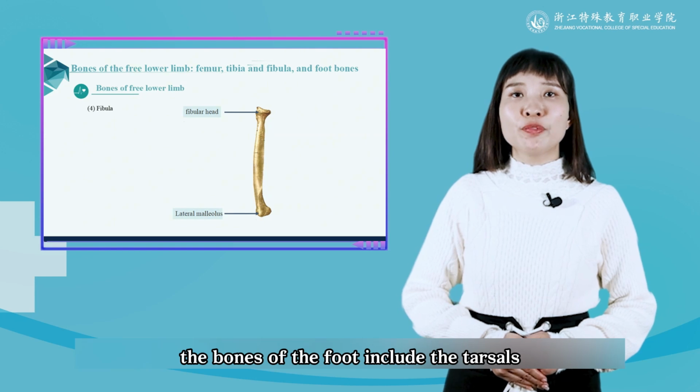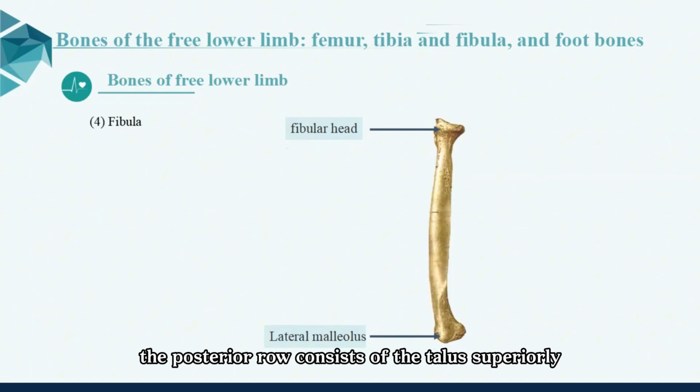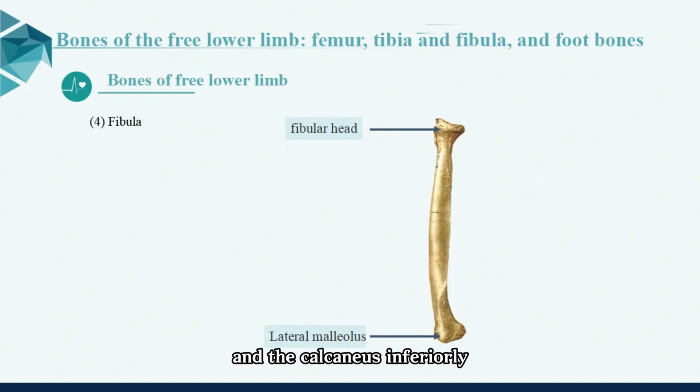The bones of the foot include the tarsals, metatarsals, and phalanges. There are 7 tarsal bones, which are short bones arranged in 3 rows: posterior, middle, and anterior. The posterior row consists of the talus superiorly and the calcaneus inferiorly.